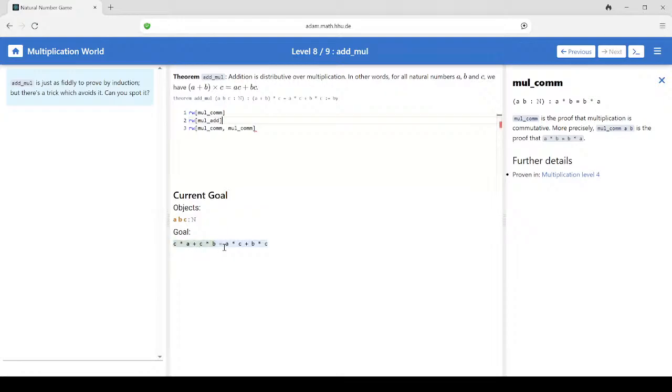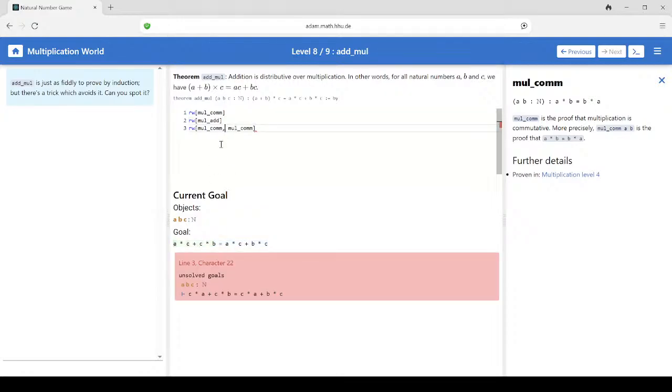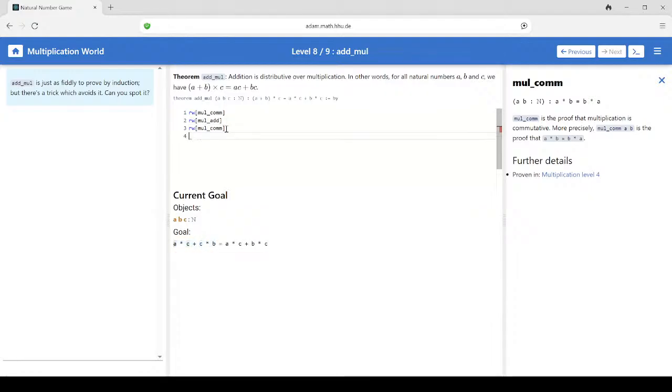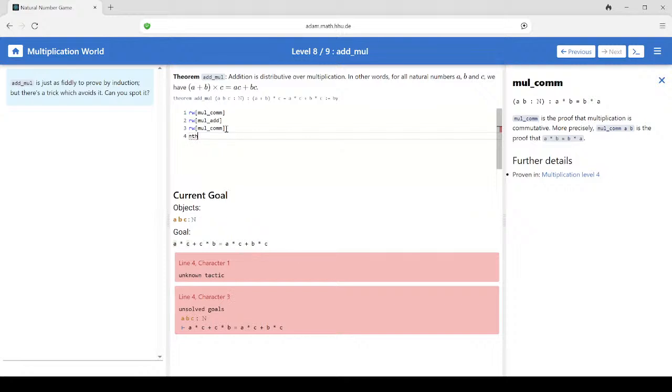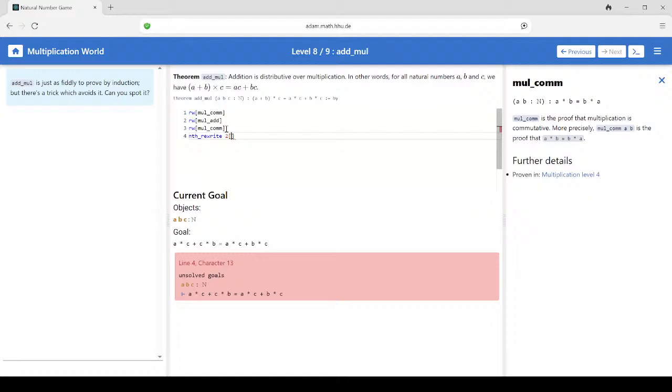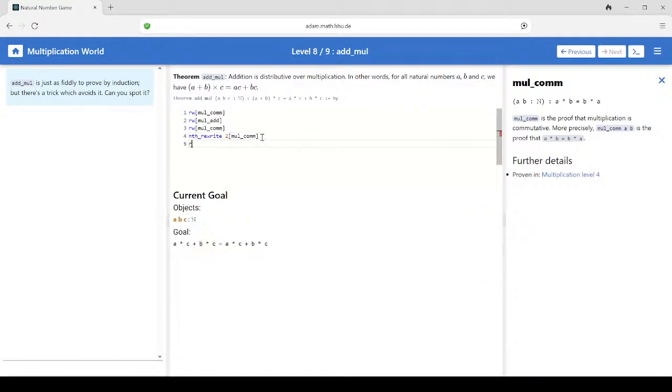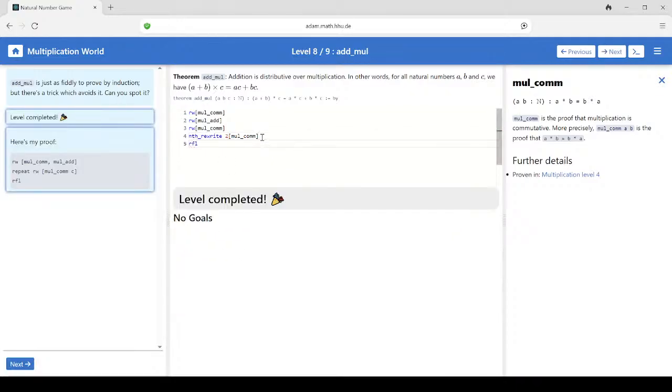Wait, it went from C times A and A times C to A times C and A times C. Okay, I guess I need to specify. There we go. Now they're the same.